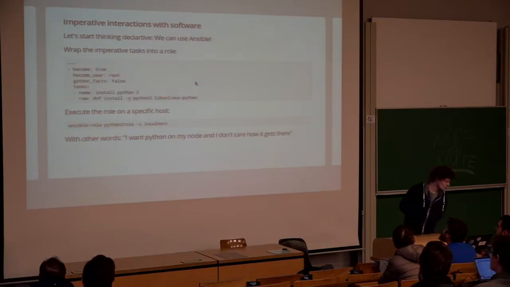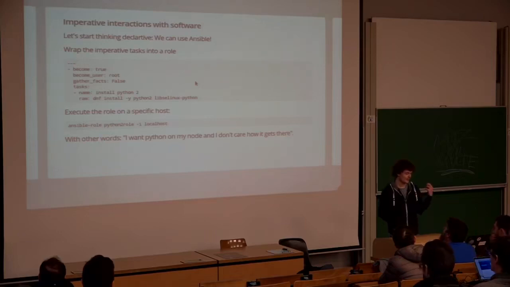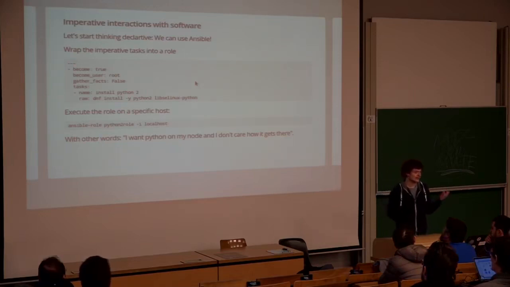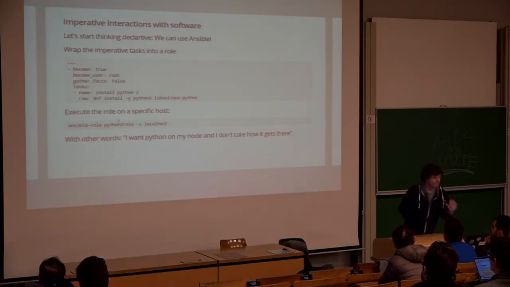So you can start thinking about how you can actually start expressing the state you want to reach. And with imperative systems, you can use, for instance, Ansible to help you there. So you can create an Ansible role and put all the tasks you have to do there. It already has some helpers for doing all the retry logic and so on. And then you can put the final state in your mind into an Ansible role.